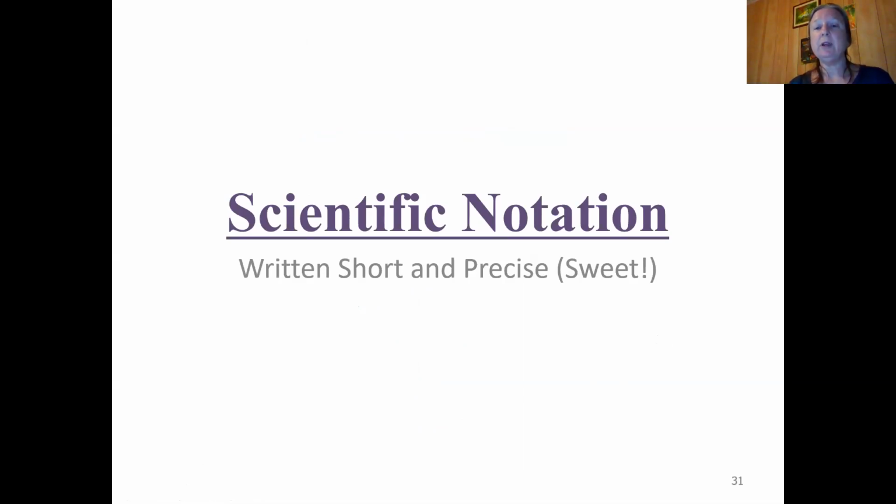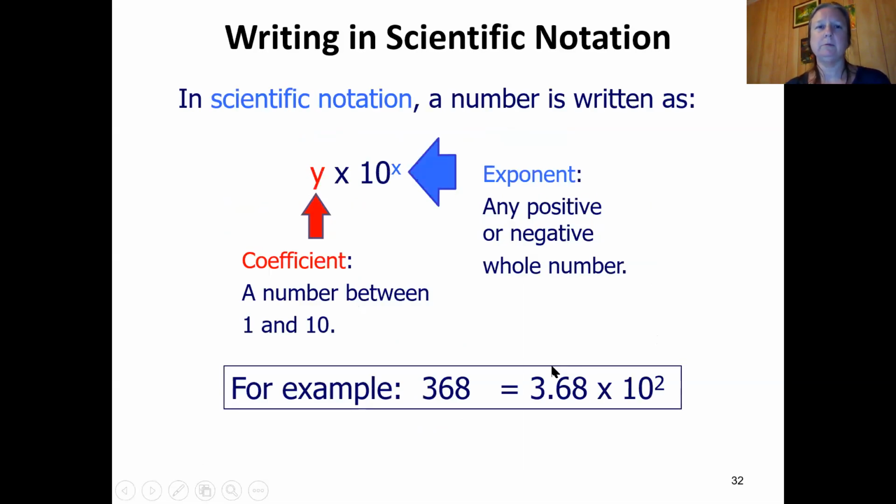So scientific notation, as I said, is a way of writing either really big numbers or really small numbers in a concise way, but also showing what the sig figs are. Very important for that. It's the power of 10.